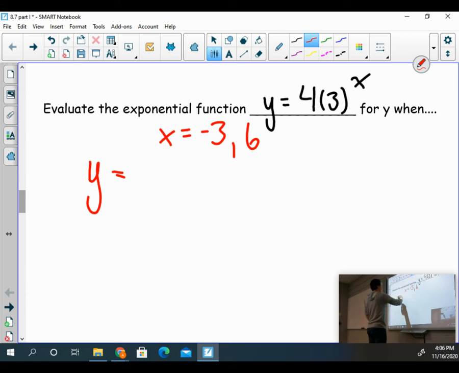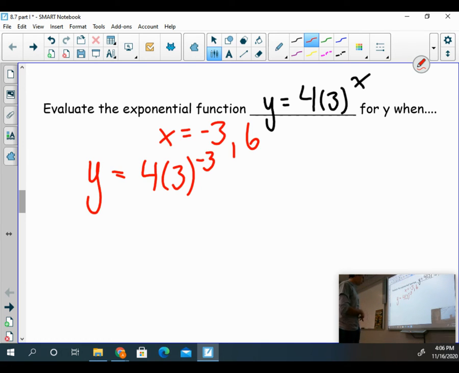When I plug in -3 for x, what I end up with is 4 times 3 to the -3rd. Folks, this is why we spent so long learning our exponent rules, so that we knew how to work with exponential functions. In the past, you wouldn't know how to solve this. You'd plug in your calculator, probably get some decimal, and be really confused. But you know how to do this.